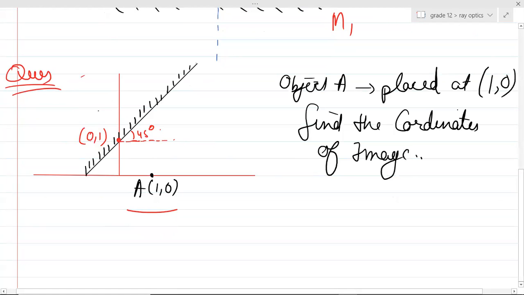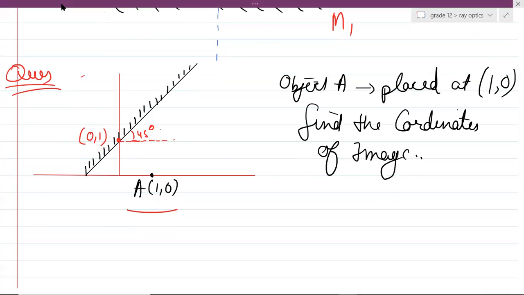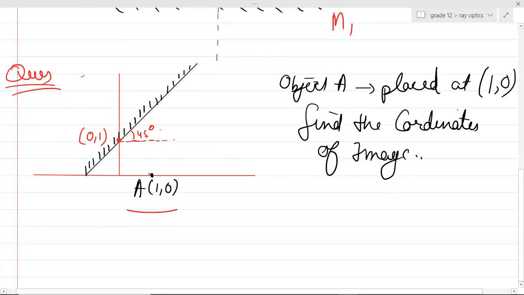Anyways, so where exactly the image will be formed, we know this particular thing, that the line joining the object and the image is always perpendicular to the mirror, yes or no? And can you see this distance shall be equal to that distance, right?